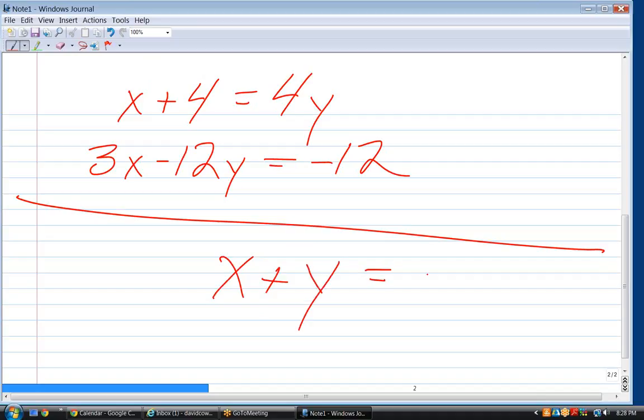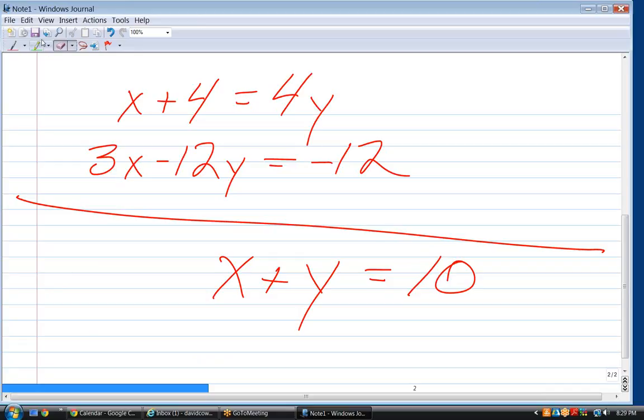If I say x plus y equals 10, how many solutions does that have? Infinitely many. X could be 1, y could be 9, x could be 0, y could be 10, x could be minus 1, y could be 11. I could go on and on forever. I see. Okay? So when you have one equation and two variables, you have an infinite number of solutions.